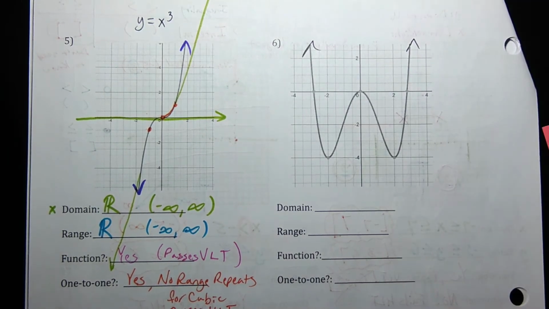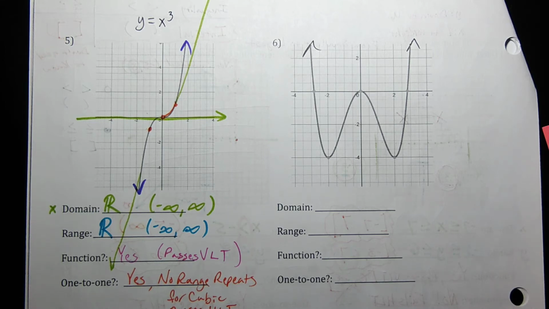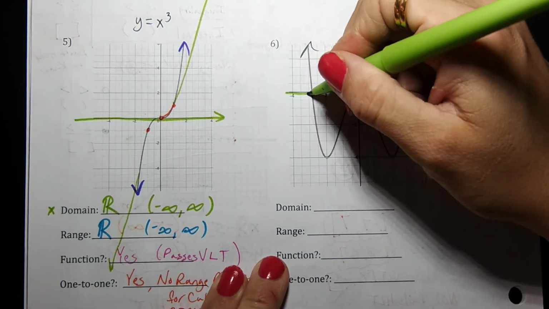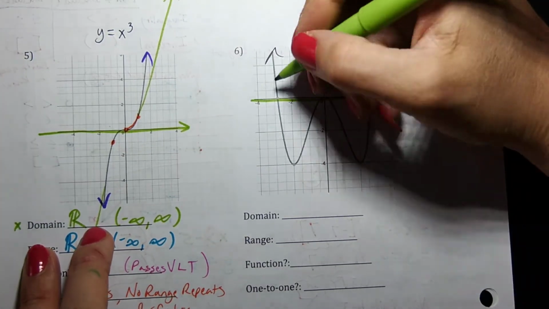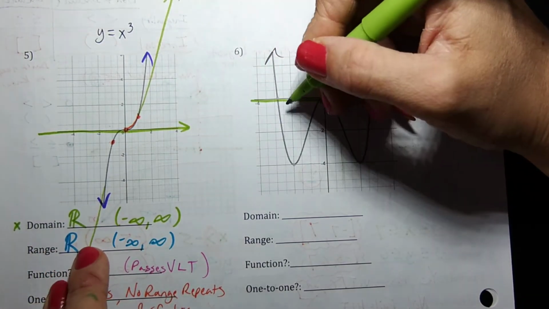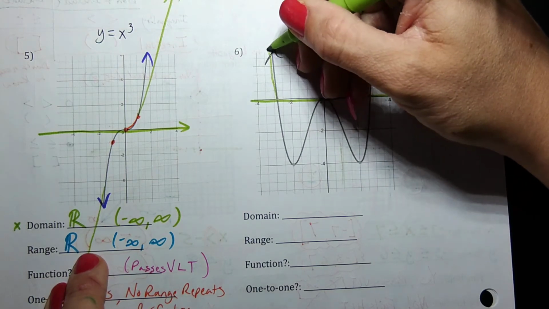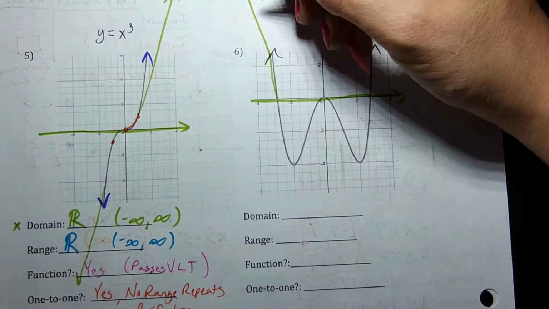Love it. So this one's a little bit interesting because we've got this up and down movement with our graph. So let's see if we can figure out what the domain is going to be as we look at our x values from left to right. What's the first x value that we get on our graph? Well, this line is going to keep going outward.